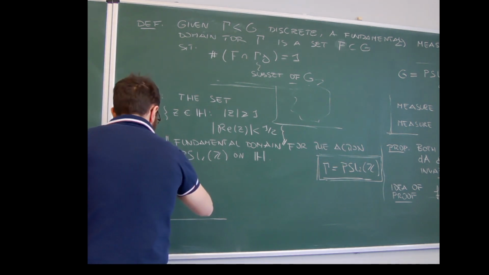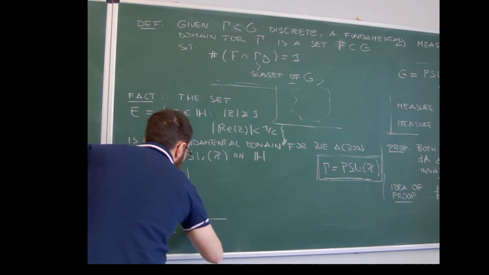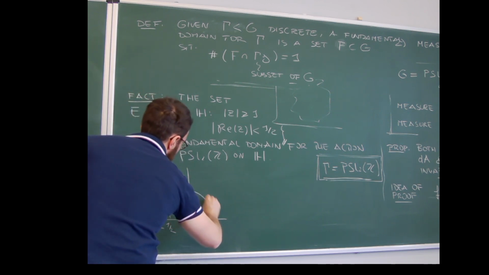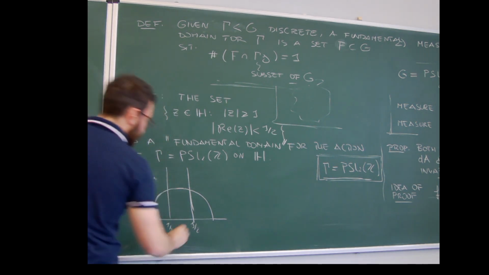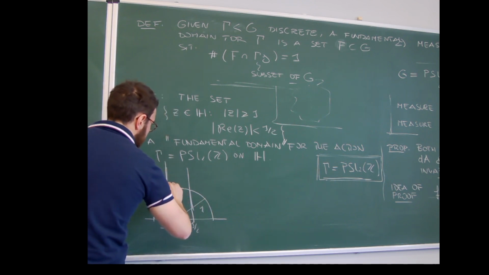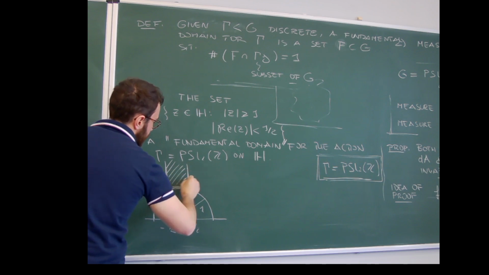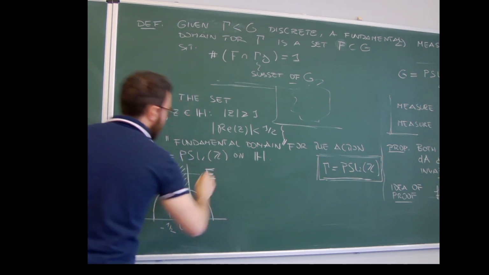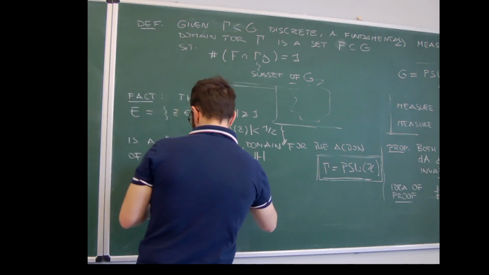Okay, so this set looks like this. So here you have minus 1/2, 1/2, and here you have your semicircle of radius 1. Okay, so here you have a 0, this radius here is 1, and you're working with this set here. So this is your set E. Okay? So what do I mean by fundamental domain in quotation marks?